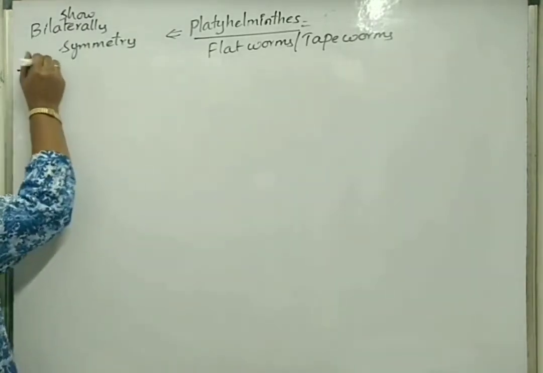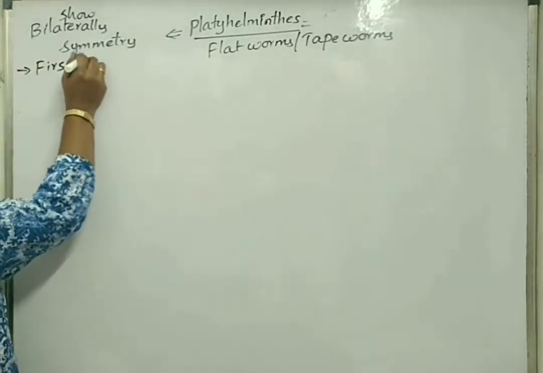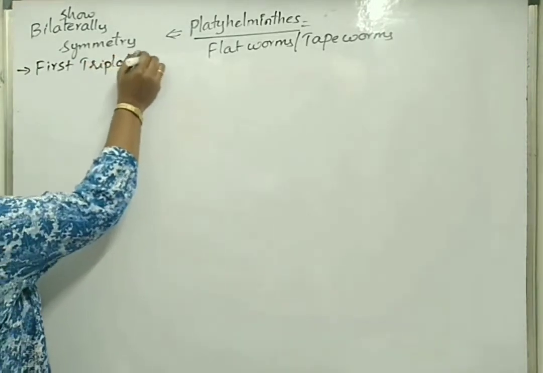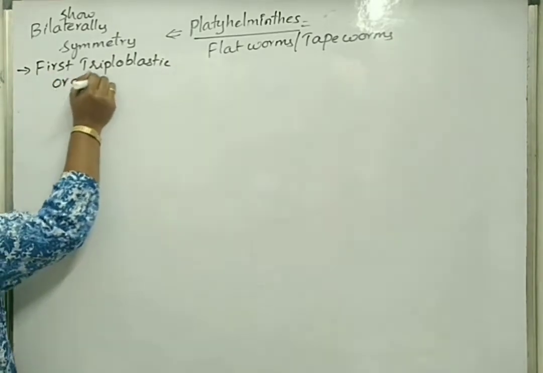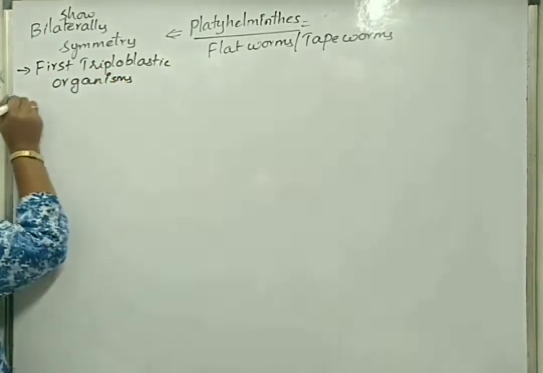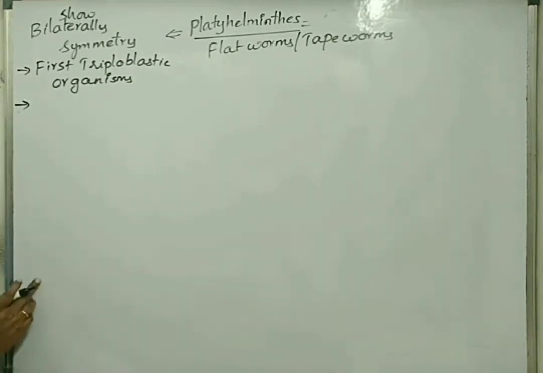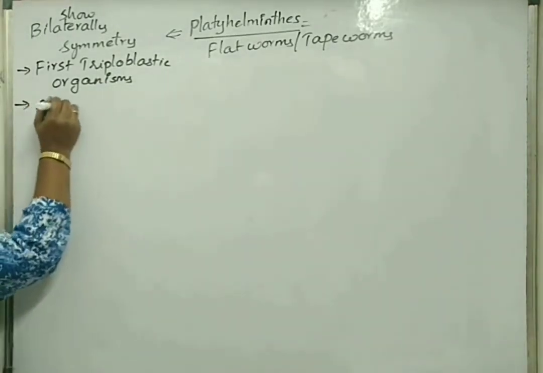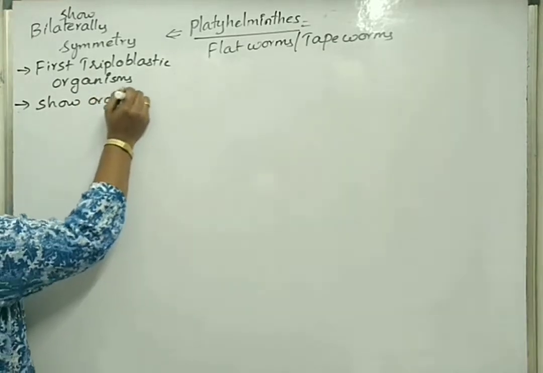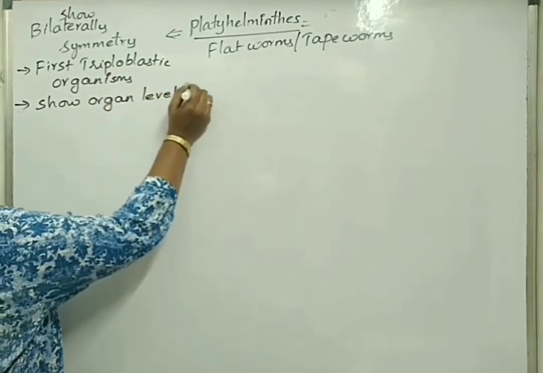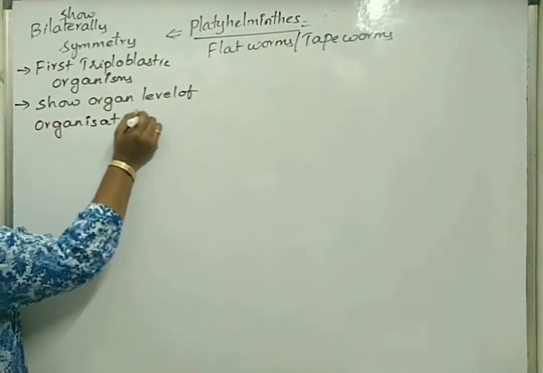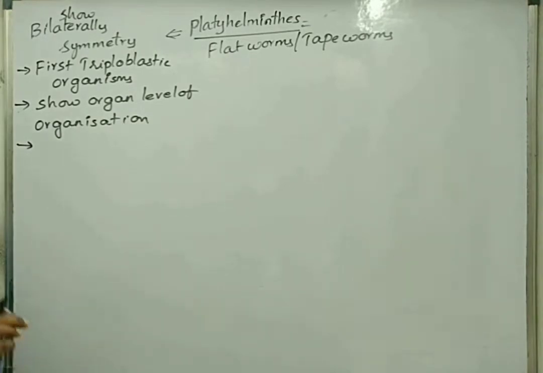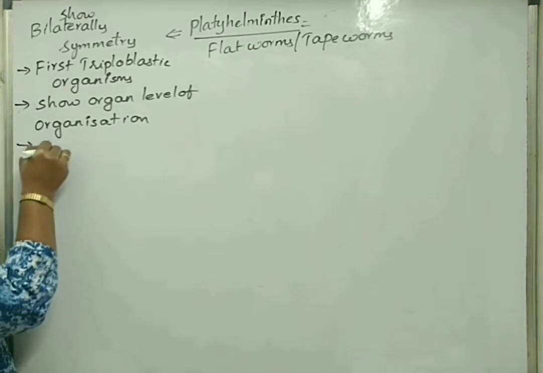Next, they are the first triploblastic organisms. They show organ level of organization. Platyhelminthes show the first cephalization, meaning head formation.